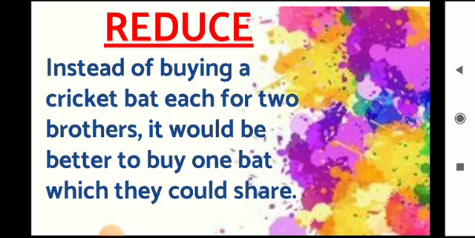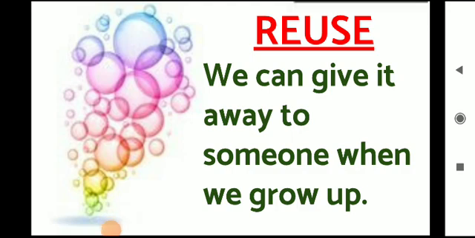Clear? Now, reusing. We can reuse it by giving it away to someone when we grow out of it. Okay? Also, we should buy things only if they are necessary. If we have to buy something, we should use it for a long time and then try to reuse it.